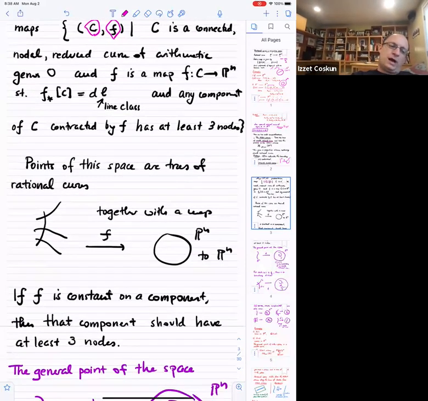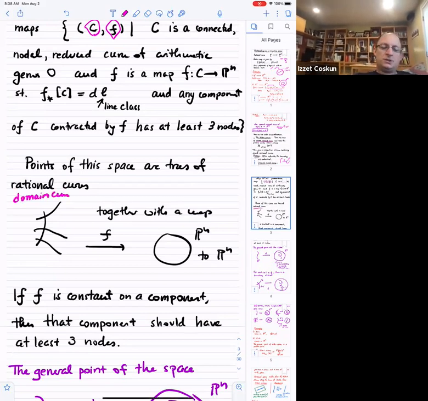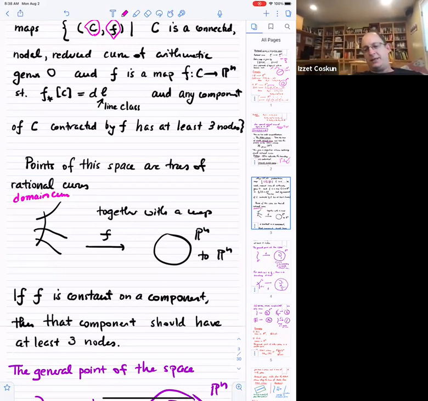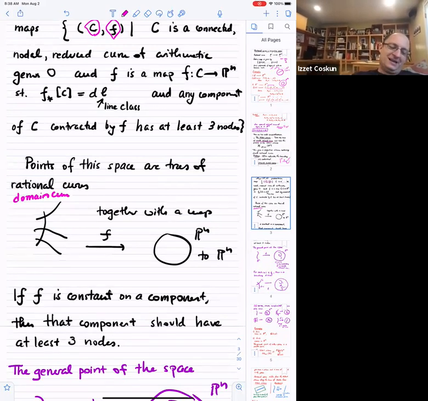What you do is you allow the curve to break. You allow the domain curve to become reducible. So what you do is you look at reduced nodal connected curves of arithmetic genus 0. So that means that you have a chain of spheres like this that meet transversely at each of the points that they meet, and only 2 meet at a point, right?